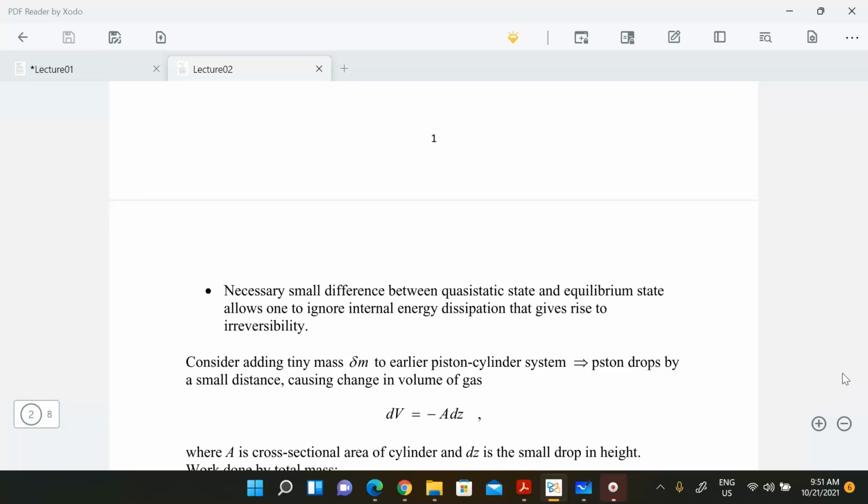When you do an experiment, you normally ignore what happens at the atomic level, so you don't care what happens there. But at the observation level, you can see a certain slow change being done at some macroscopic scale.